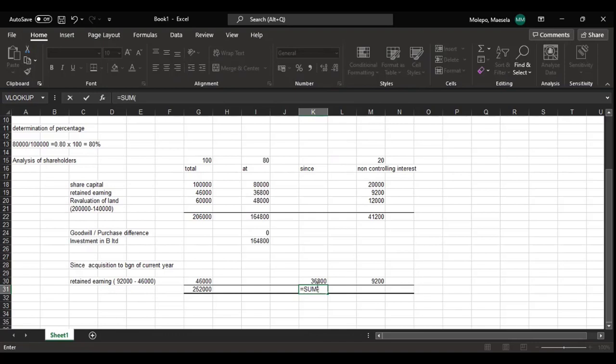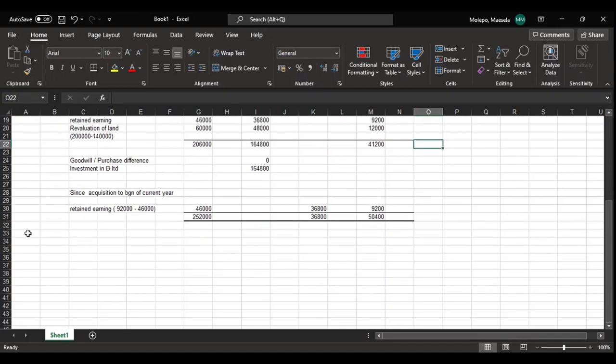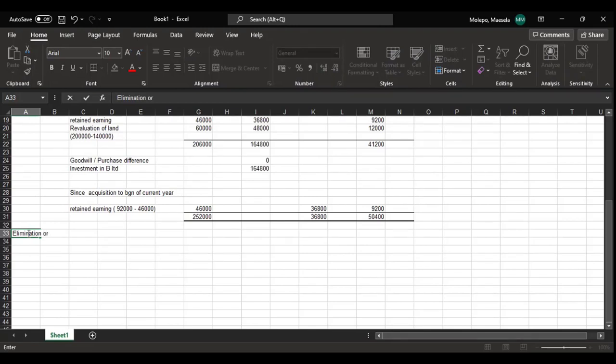I guess up to so far, no question. It was just straightforward. Then we're going to do the third part, elimination, which we call a pro forma journal.